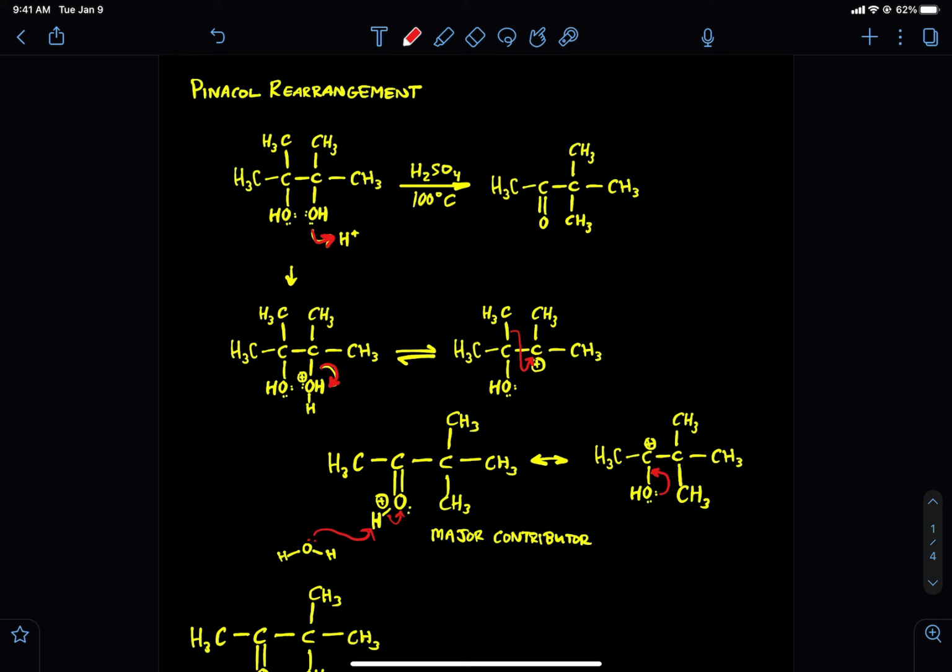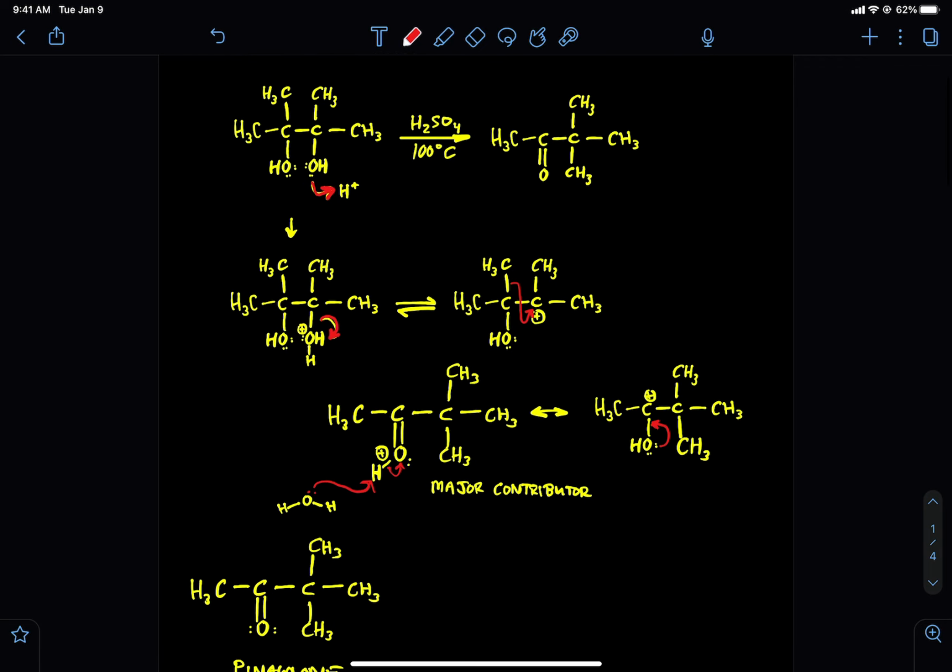It proceeds by doing a protonation as the first step, followed by loss of water, a methyl shift or a rearrangement, a hydride shift perhaps, to increase the stability of the carbocation by giving us a resonance stabilized structure. From that, deprotonation of the proton from the oxygen to yield the carbonyl. Again, getting us a carbonyl adjacent to a quaternary center.